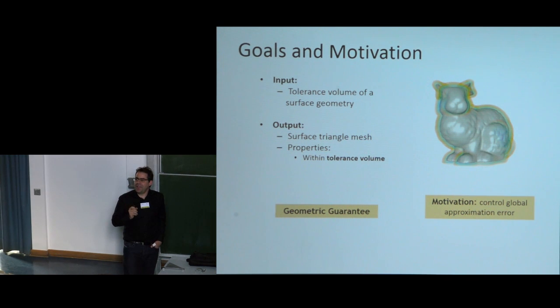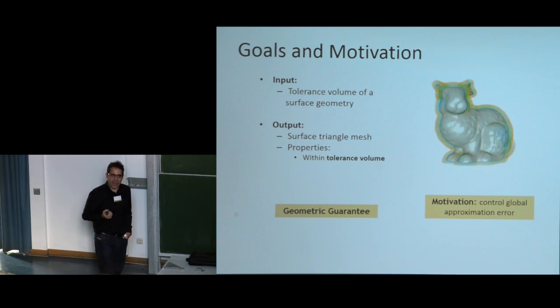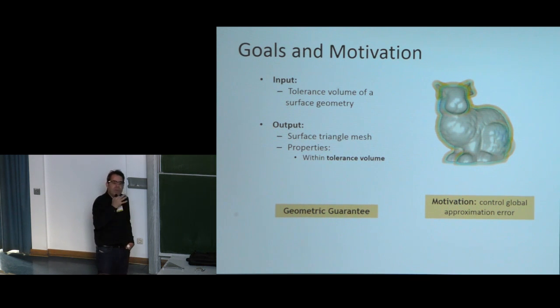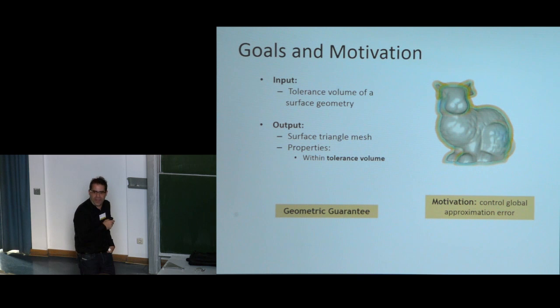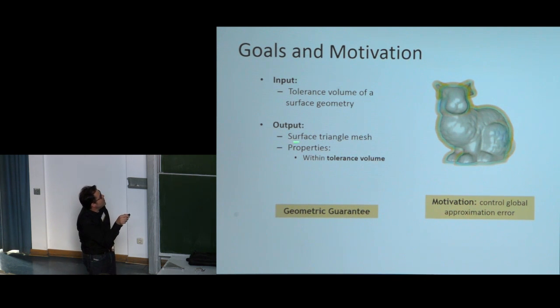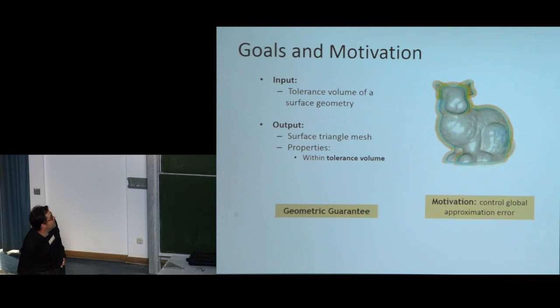I don't care what is inside. Okay? It doesn't mean that the problem is easier for the user, because as a user you have to define a proper tolerance volume. But let's say this way will be robust to anything that was in the tolerance. And then we want to generate as output a surface triangle mesh that is within the tolerance volume, strictly within.